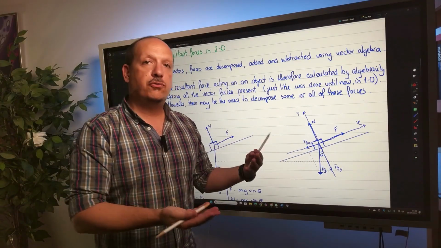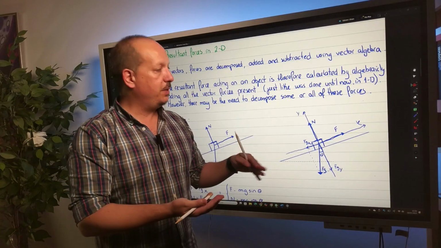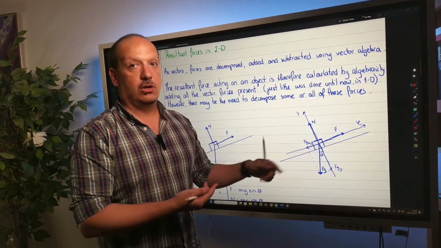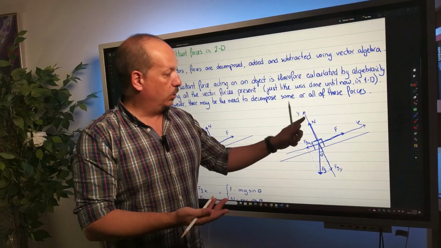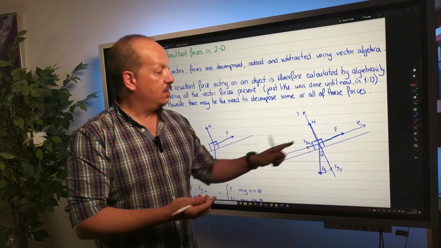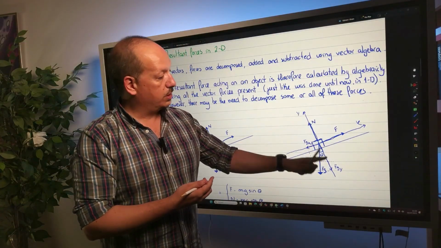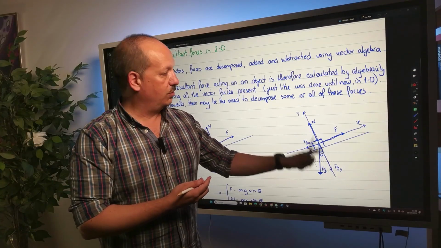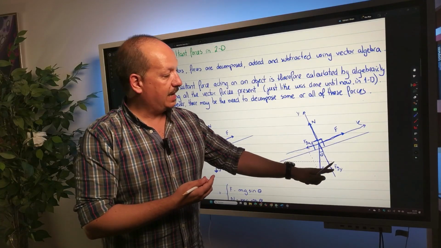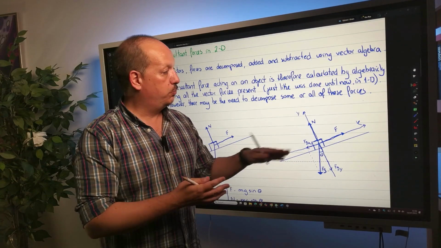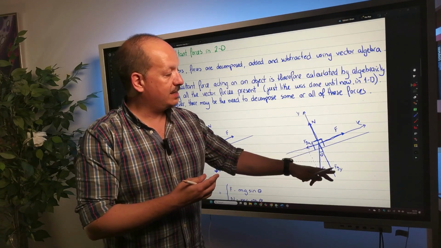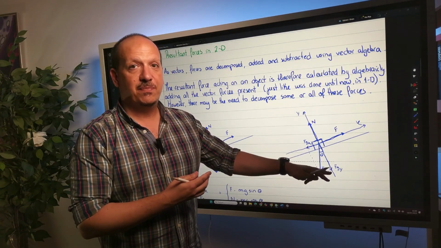If the resultant force on the y-axis is zero, it means that the sum of the forces on the y-axis is 0. You only have two forces on the y-axis, so the sum of this force with this force is 0. So N plus FGY equals 0, which proves that N equals minus FGY, right?